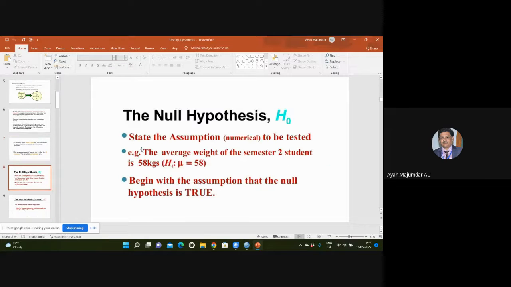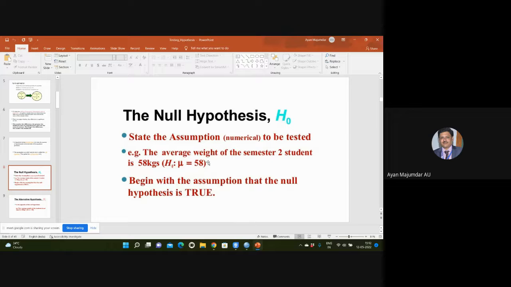So your null hypothesis H0 is mu equal to 58, where mu is the population mean. The average weight of the class of the students is 58. This is my null hypothesis, which I will test. We will begin with the assumption that this null hypothesis is correct, and we will carry on the test and decide whether my assumption is right or wrong.